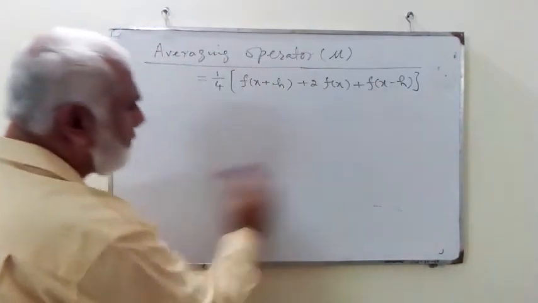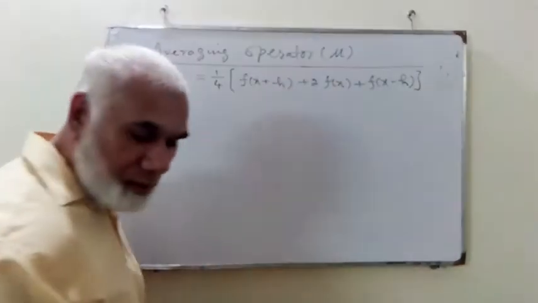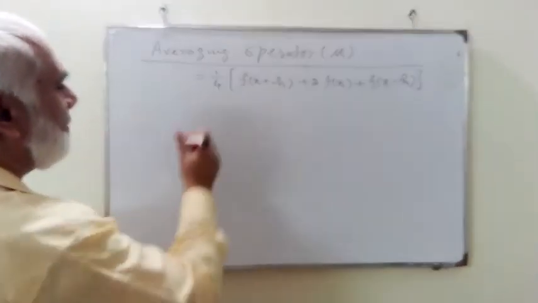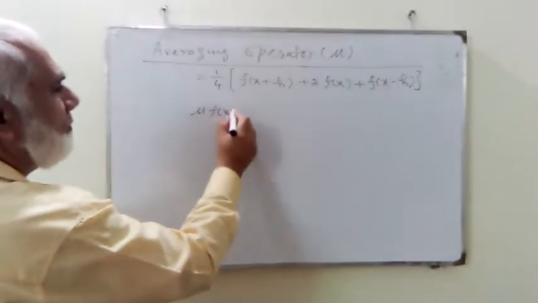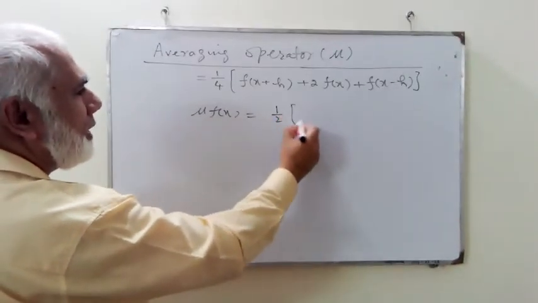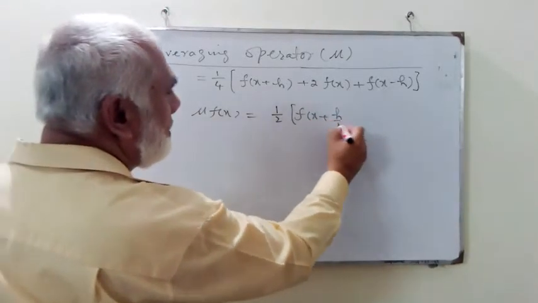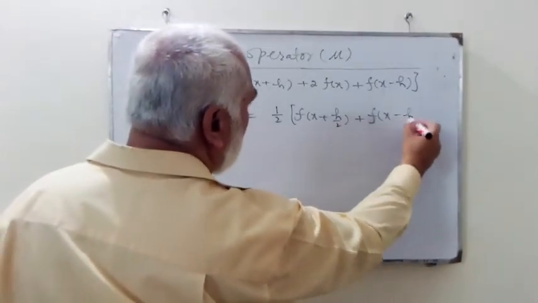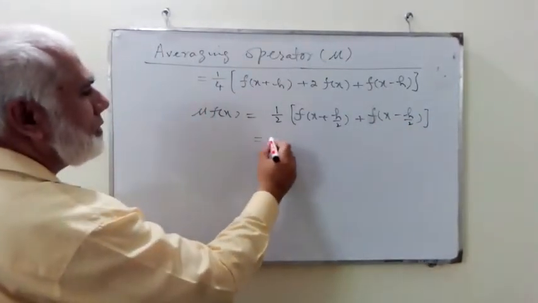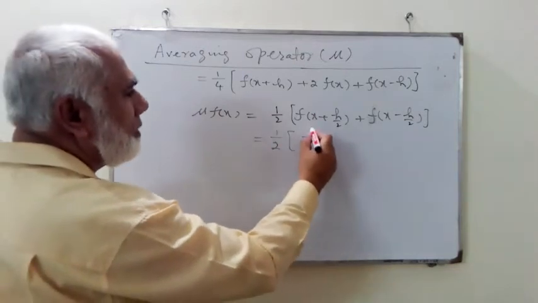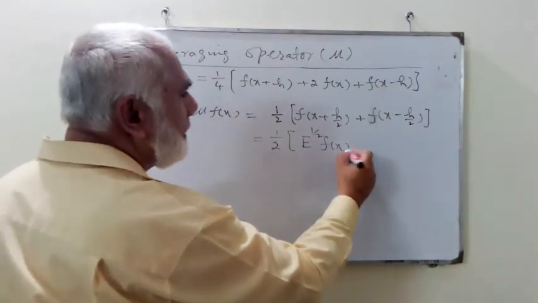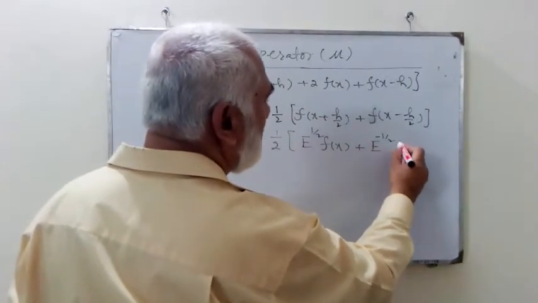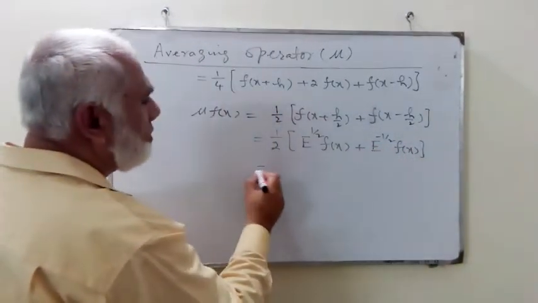On the same pattern, if you work to create a relation between the shift operator and the averaging operator, we can do it very easily. From the definition of the average operator, if you remember, mu f of x is equal to 1 by 2 times f of x plus h by 2 plus f of x minus h by 2, and on applying the definition of the shift operator, we can write it in the form of E to the 1 by 2 f of x plus E to the minus 1 by 2 f of x.